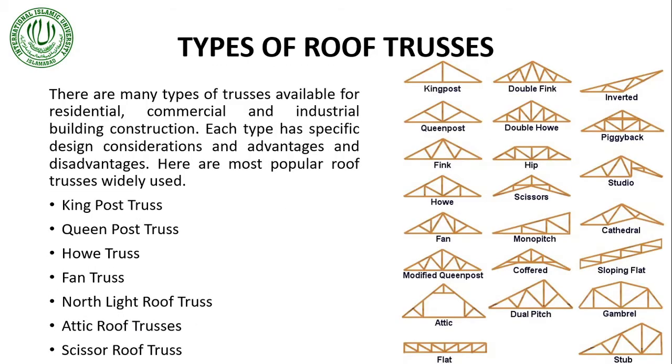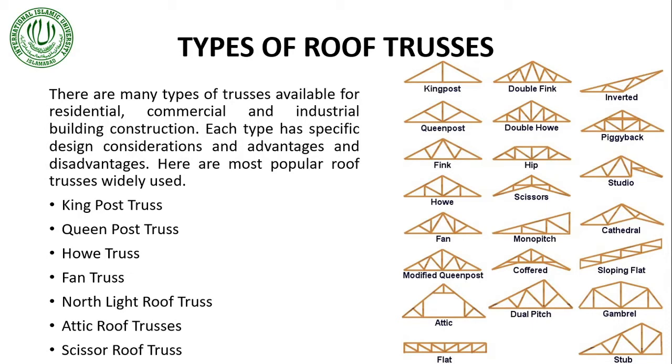Now we have a number of roof trusses. All of these are roof trusses, and based upon their shape, we have named them separately. Some are used for residential projects, some for commercial, and some for industrial building construction. Of course, the trusses used for industrial buildings usually provide the maximum horizontal clear span.